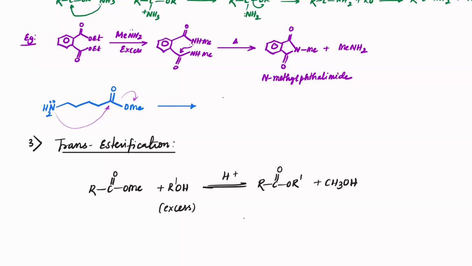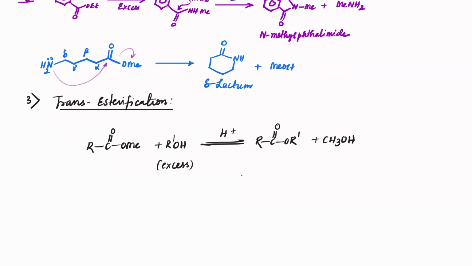So with a 6-membered ring, we get an amide form like this, a cyclic amide, and MeOH. Cyclic amides are called lactams. So this is alpha, beta, gamma, delta. So it is connected from delta. So it is delta lactam. Okay.